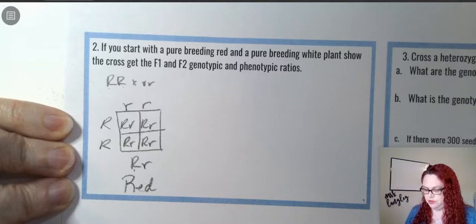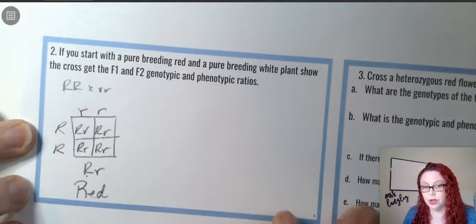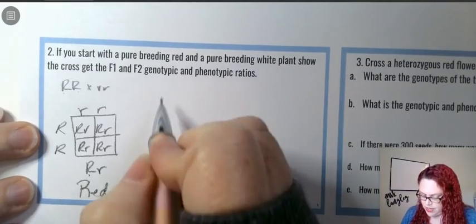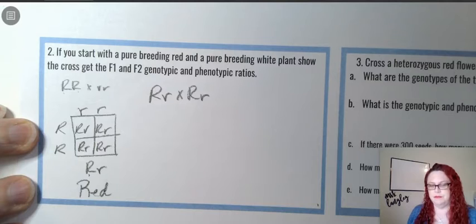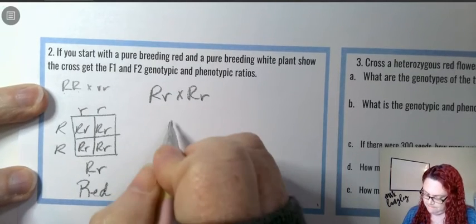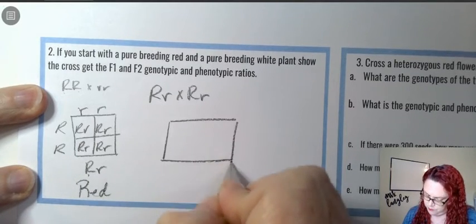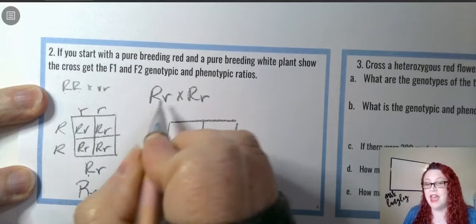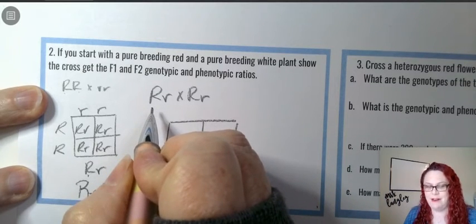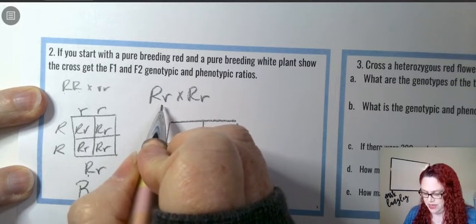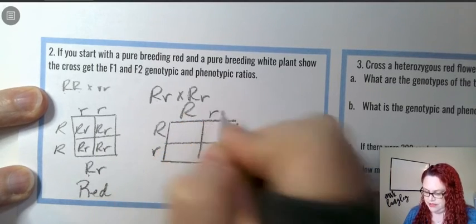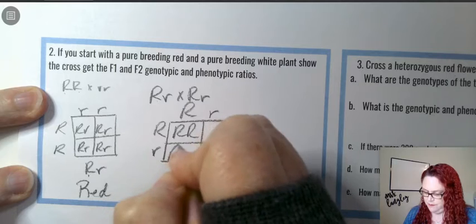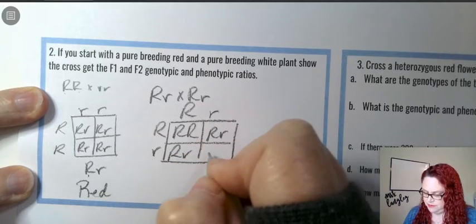Now to get the F2 generation, we are going to cross two of those. So that means we're crossing the heterozygote and the heterozygote. And our gametes mean that I have half the information. Two letters here, so I get one letter. So I have a capital R or a lowercase r. Capital R, lowercase r. And fill my information in.